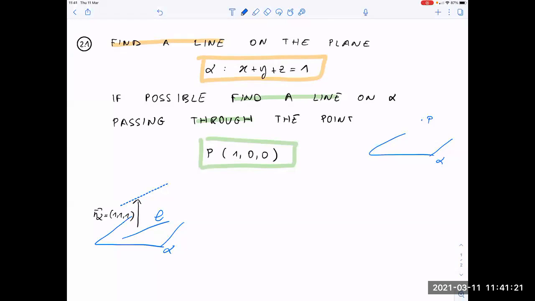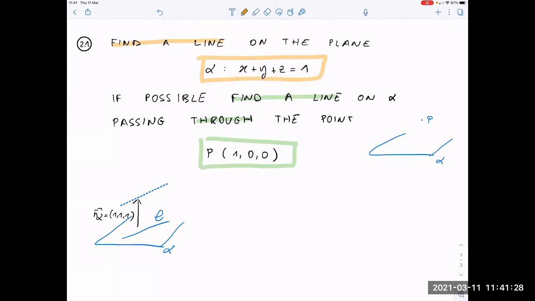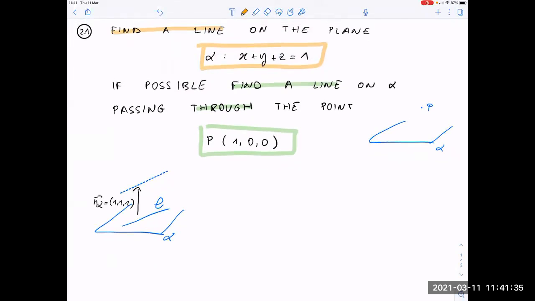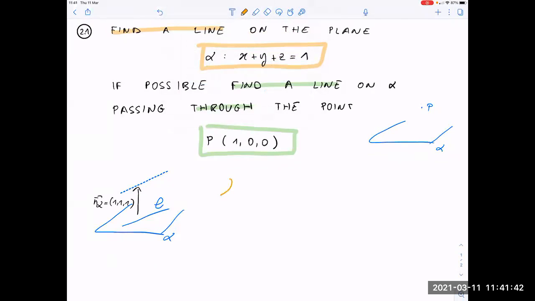Okay, so minutes passed. Let's see together how we can find this line on the plane. There is one easy way, which is the following. I just take L to be alpha intersect beta, with beta not parallel to alpha.